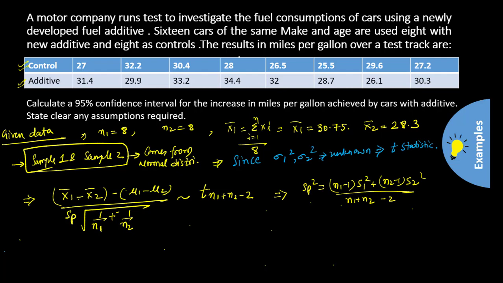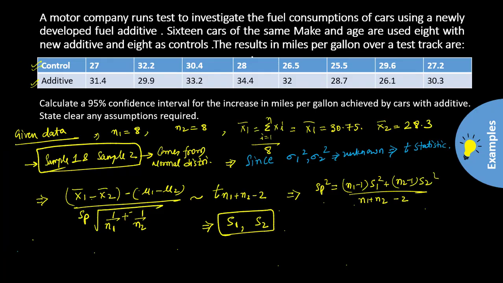Now let us try to estimate the standard deviation for the first sample and the standard deviation of the second sample. Here x1 bar is for additive, so I am replacing it by xa bar, and x2 bar is for control, so I am replacing it by xc bar.